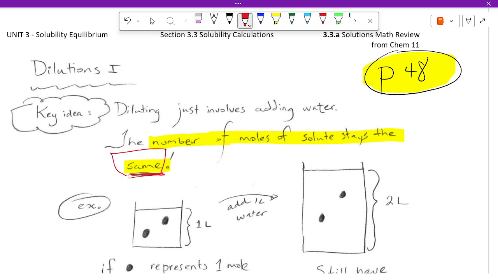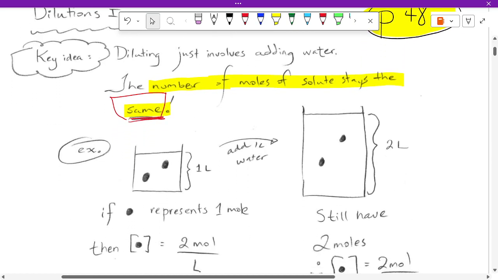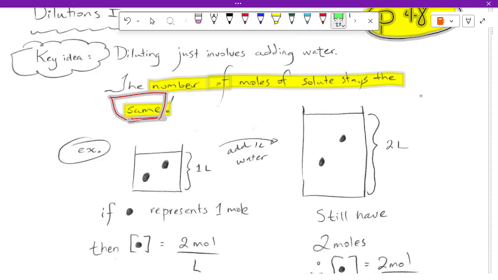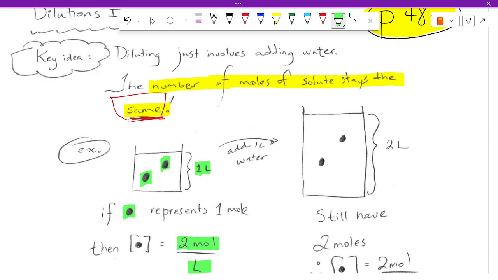So if we are going to dilute a solution, let's say one of these little black dots represents a mole. We have 2 moles in 1 liter. And so that obviously is 2 moles per liter. But now if we add 1 liter of water, nothing has happened to those 2 moles.